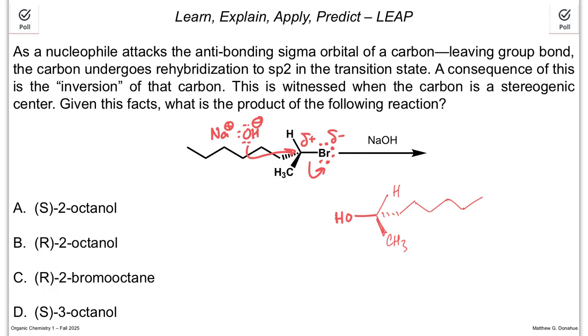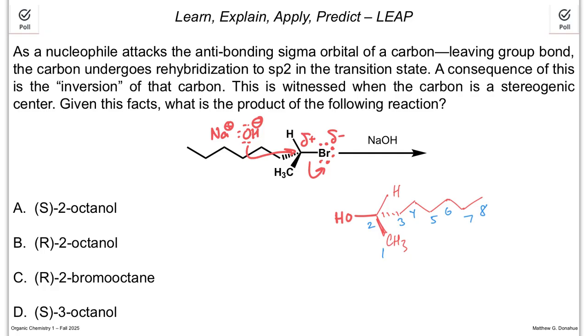So now what we have to do is figure out what the correct designation is. The numbering in blue is the carbon chain numbering.